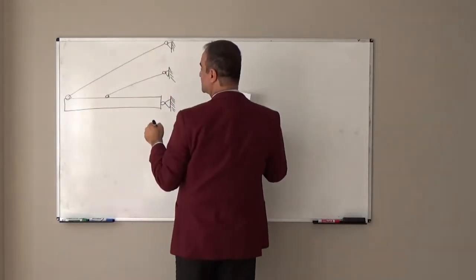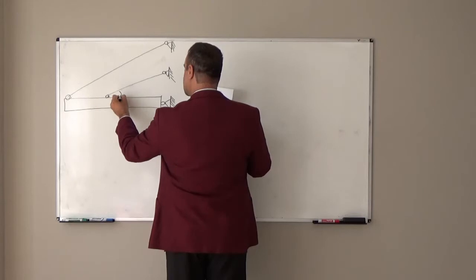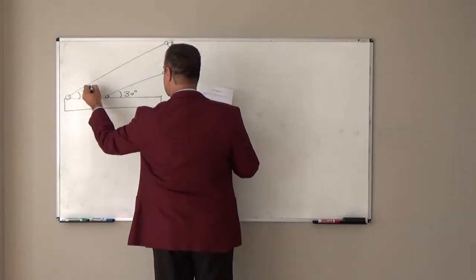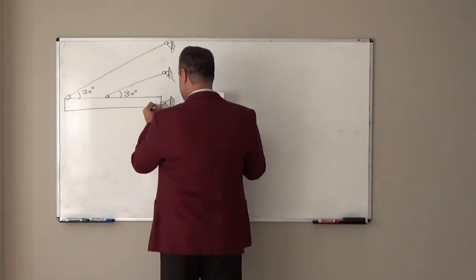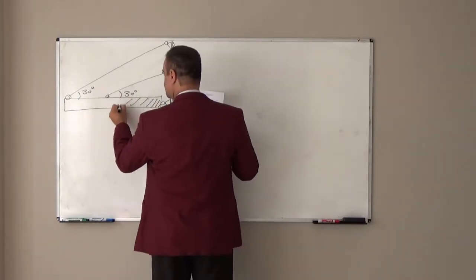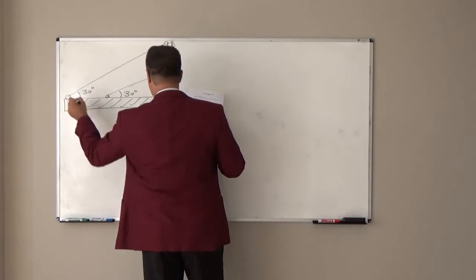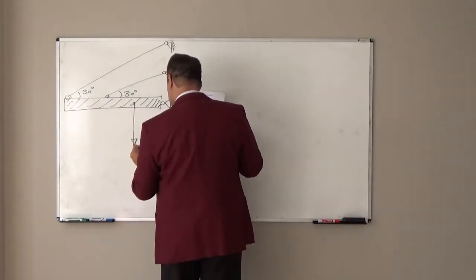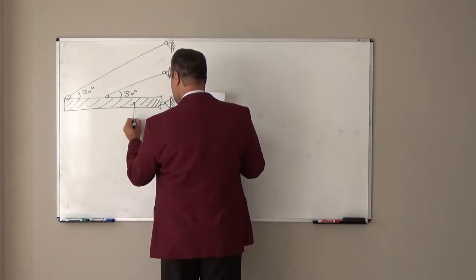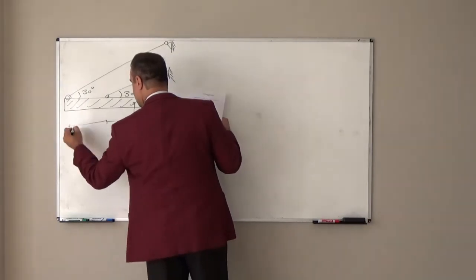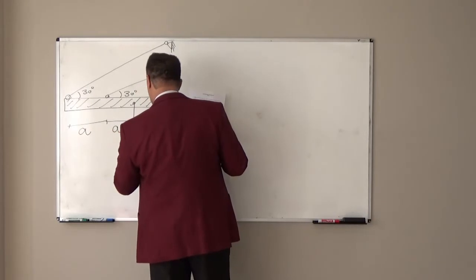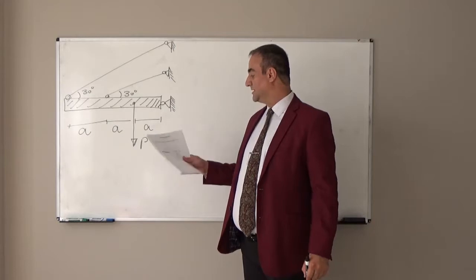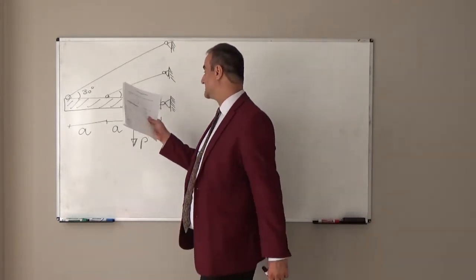These are parallel, assume this is 30 degrees, this is 30 degrees, and this is the rigid beam, subjected to an external load here, P. From here to here, here, and here, each one is lowercase a. This distance is known, P is a known value, the angle is 30.